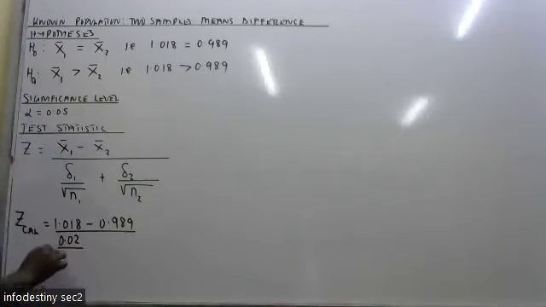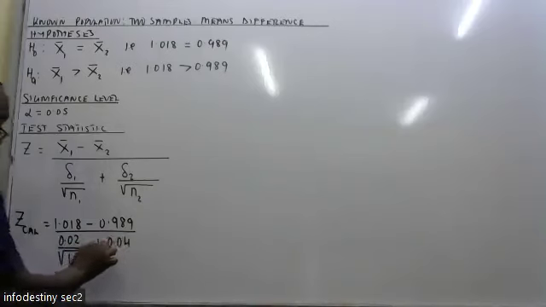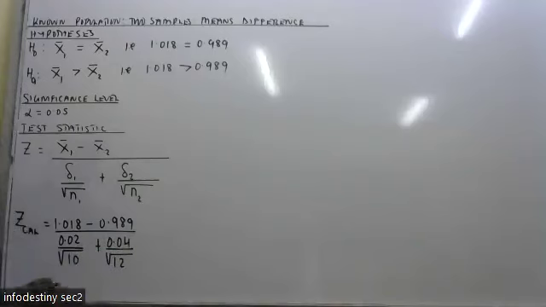The standard deviation of the first equals 0.02, and the sample size is 10. The other one has a standard deviation of, and a sample size of 12. So compute that.